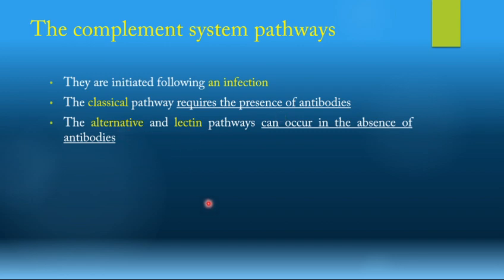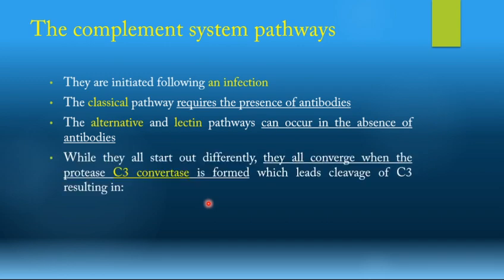All these pathways start in different ways. However, they all converge at one point where all of them form a protease we call C3 convertase. So this C3 convertase is basically where all of them will converge together. And the C3 convertase, from its name, will cleave C3, resulting in a C3b and C3a.